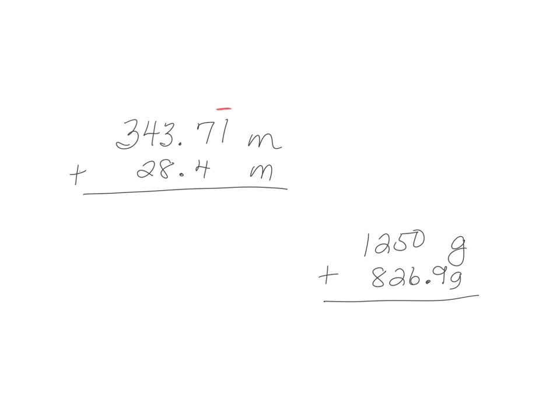The second number, the 28.4, the 4 is the estimated value again because they're all non-zeros, so we know that all of the digits are significant. So when we add and subtract, the rule is your answer is given to the precision of the least precise value.